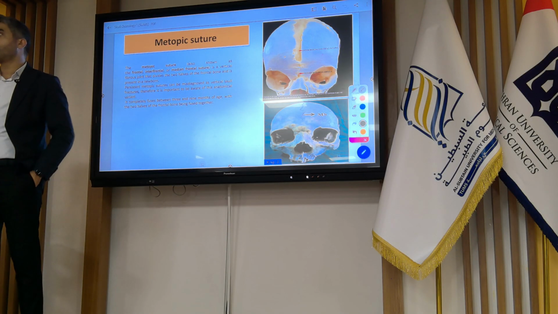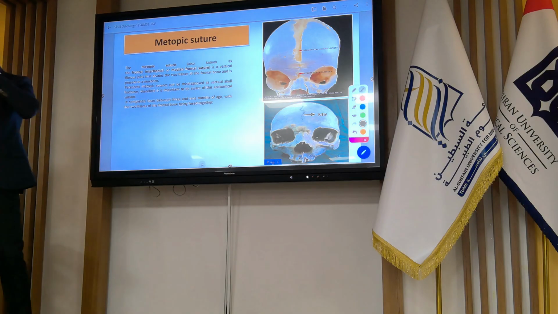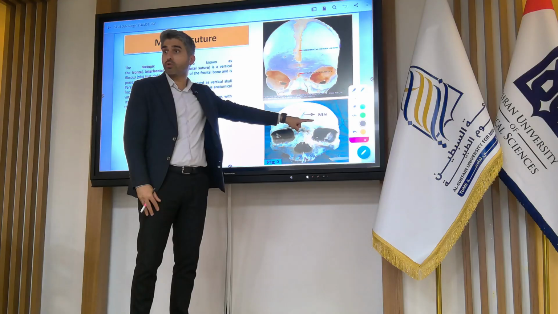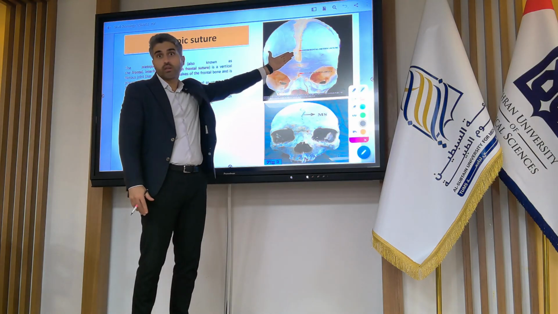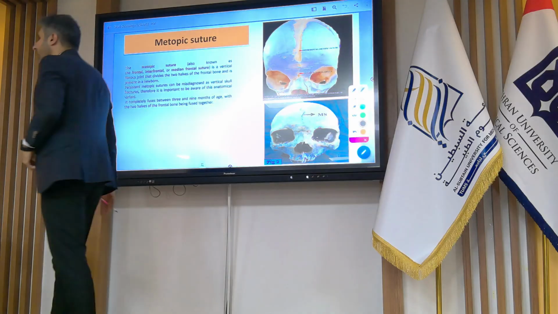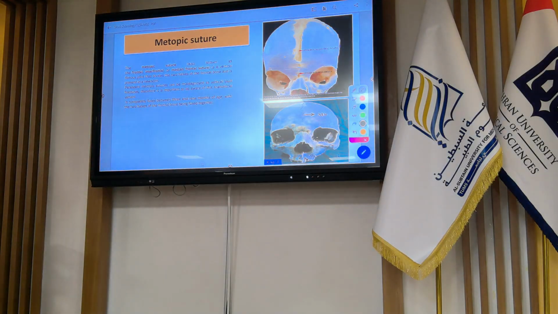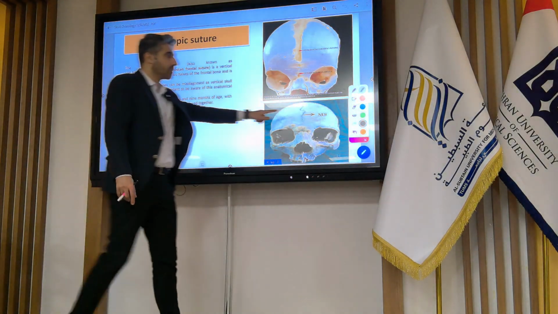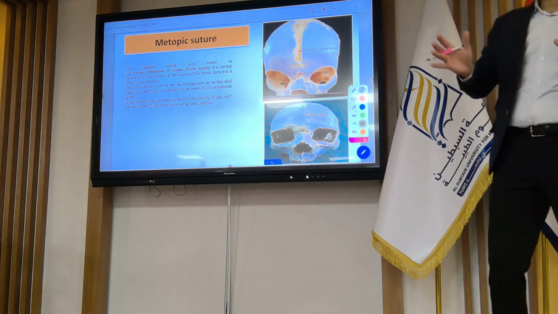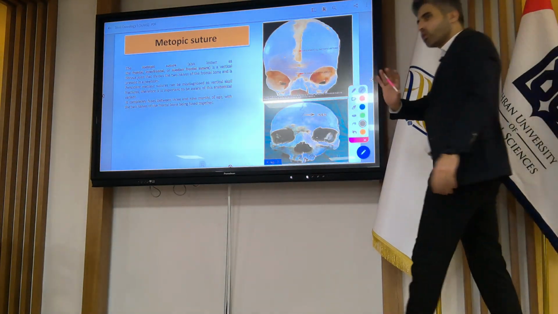In some cases, maybe it's not completely fused. Sometimes the opening of the metopic suture is very severe and becomes like this, so it's very obvious from the skin, as it's very obvious in the skull. But usually it's like a line. In the normal condition, it fuses and we don't have a metopic suture.